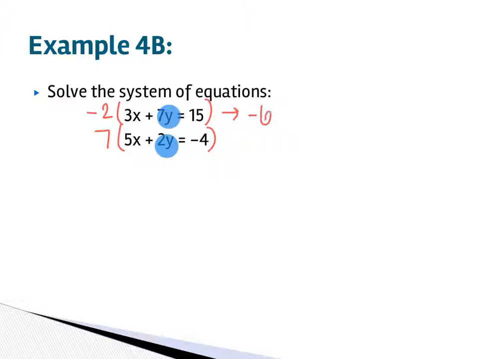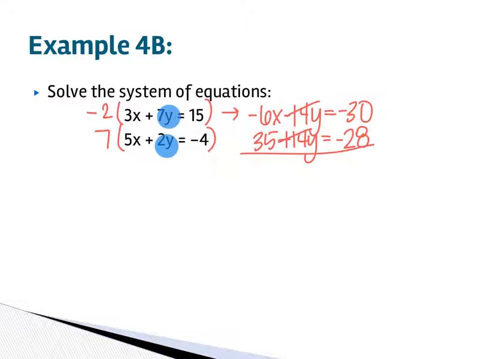And that becomes negative 6x minus 14y equals negative 30. And the bottom one's going to be 35x plus 14y equals negative 28. And I get 29x equals negative 58. If I divide both sides by 29, then x is negative 2.